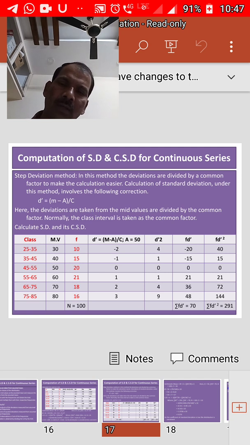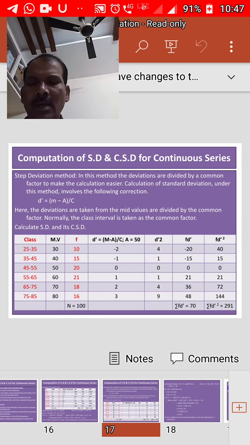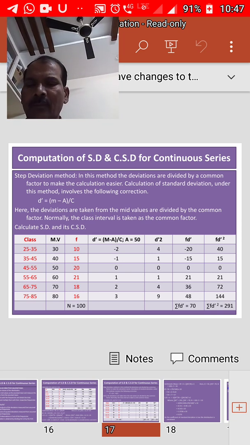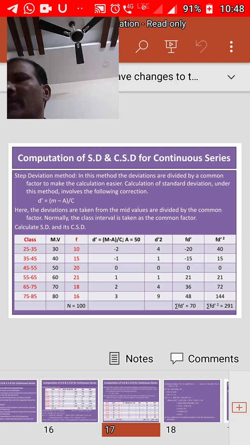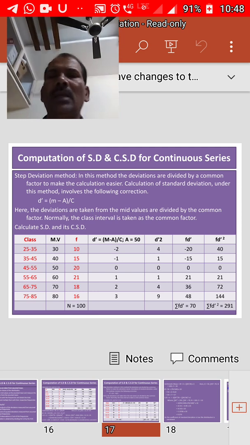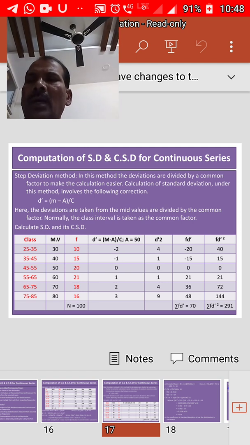Where we consider the step deviation method, common factors we take, there we call it d dash. Sigma f d dash square is 291, sigma f d dash is 70, and the sum of the frequencies that we know is 100.